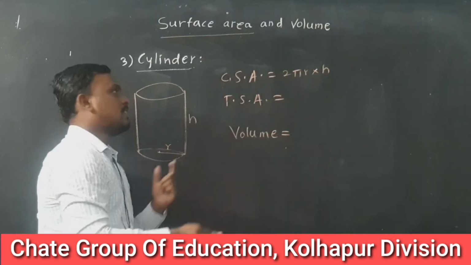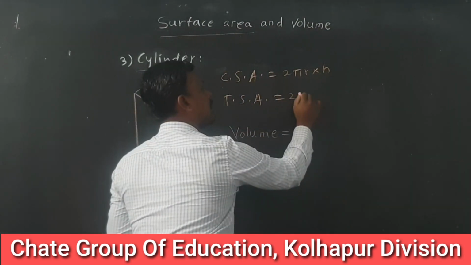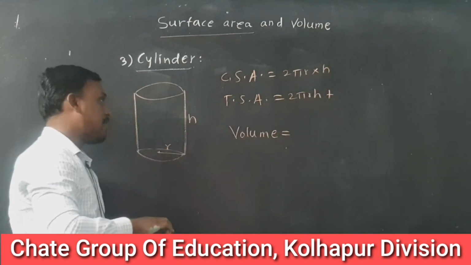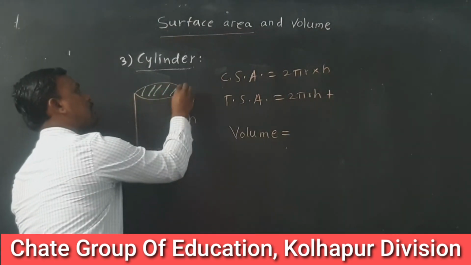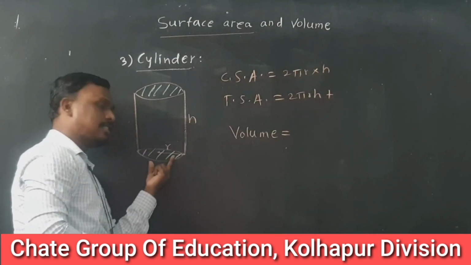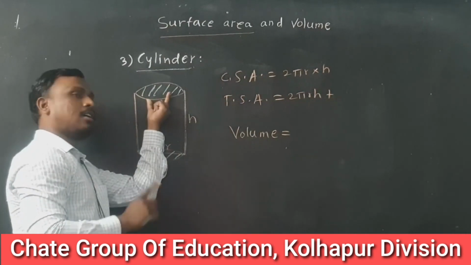The next one is total surface area. So how to find total surface area? Just write this curved surface area as it is. Curved surface area plus how much area will be added? Top area and bottom area. So top is circular, base is also circular. We know the formula of a circle, area of a circle is pi r square.